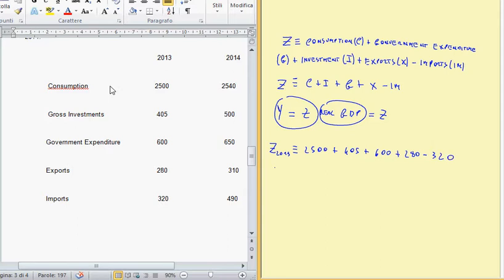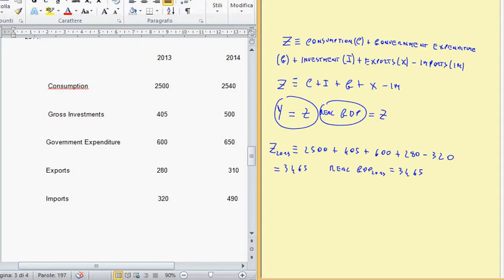Using this computation, the level of aggregate demand is 3465, and the equilibrium value of the real GDP in 2013 will be equal to the aggregate demand, 3465.